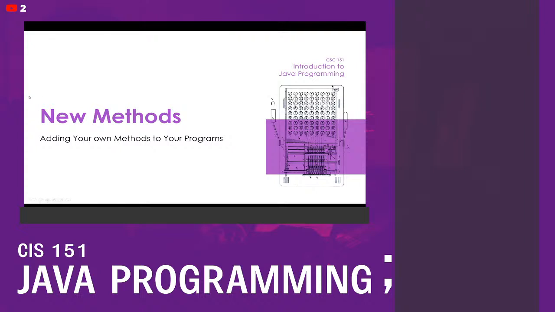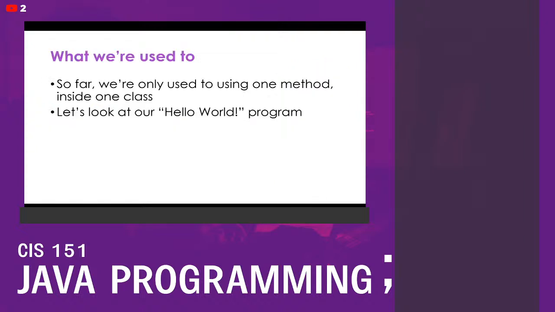having a look at what we've been doing so far. Up until this point, we're only used to using one method, which is the main method. And we've been doing everything inside of that main method. It's the method that REPL gives us by default.